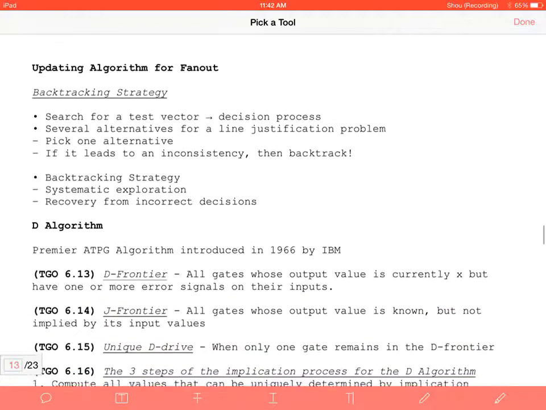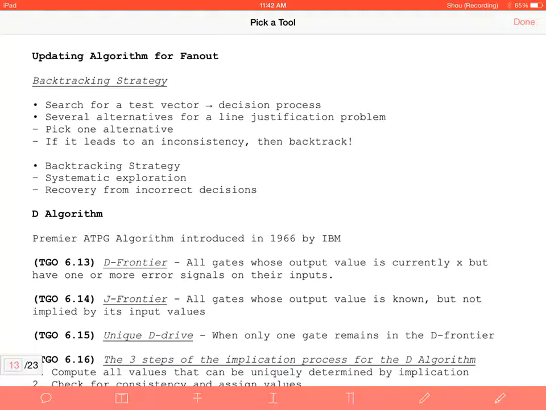So here we're going to start talking about some concepts that you need to know for this D algorithm. This backtracking strategy, which I alluded to earlier: the general idea is we see the value that we're propagating, and then we compare what this means we should get on the outputs.